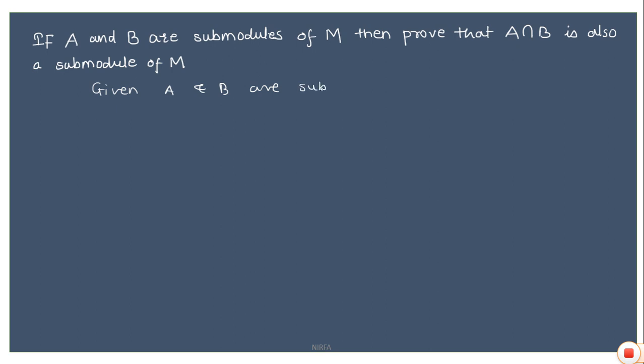So all the elements of A as well as B must satisfy the conditions of submodules, and we can use the conditions of submodules for A and B.